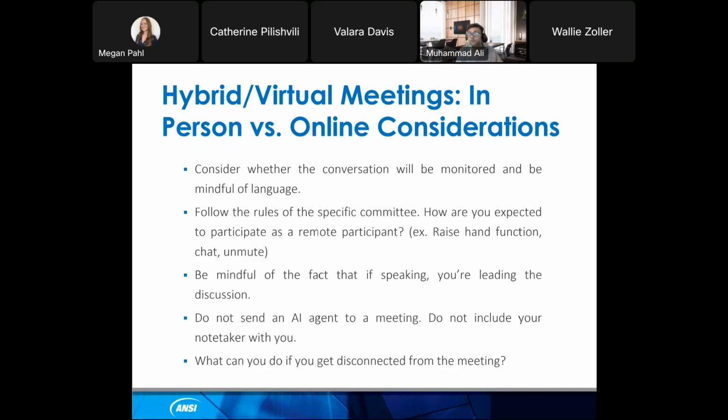Again, follow the rules of that committee. Each committee may have different rules for participation in their meetings, and those rules will guide you as to how you're supposed to behave and participate effectively in the meeting, right? So in some cases, they will have raise hand features.